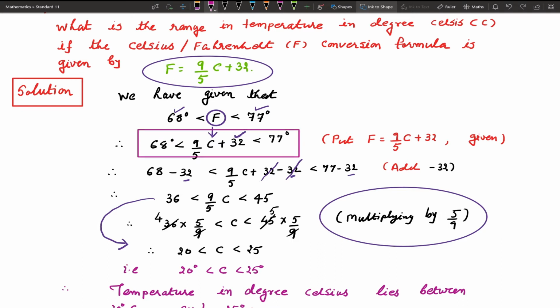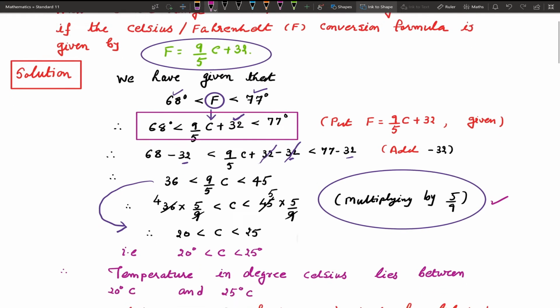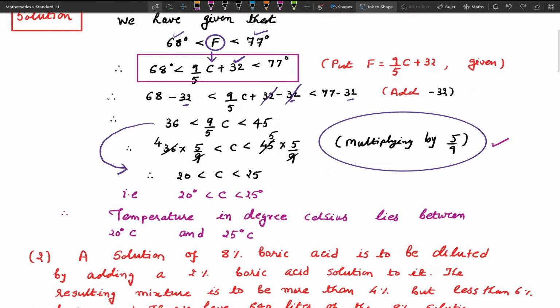Now you solve this inequality for C. So for that purpose first you subtract 32, simplify, then you use multiplicative inverse of 9 by 5, that is throughout you multiplied by 5 by 9. So on simplifying we will get 20 less than C less than 25, and therefore temperature in degree Celsius lies between 20 degree and 25 degree.